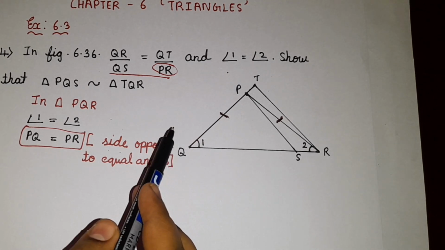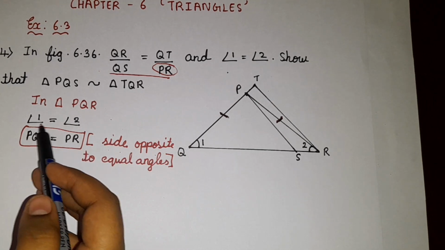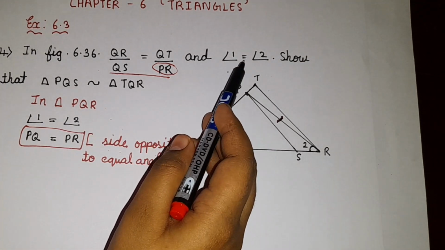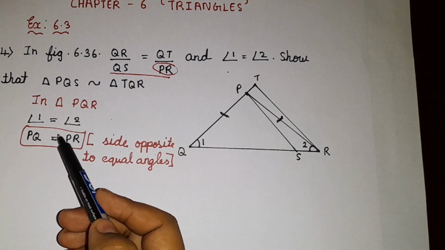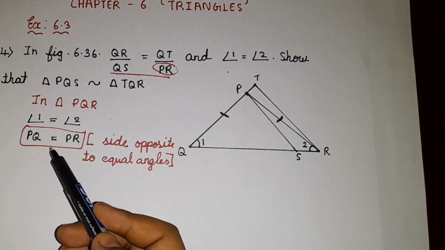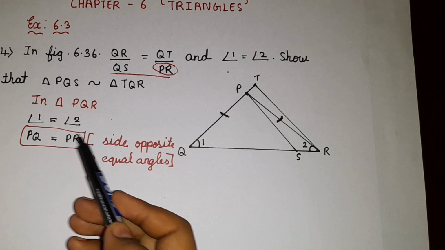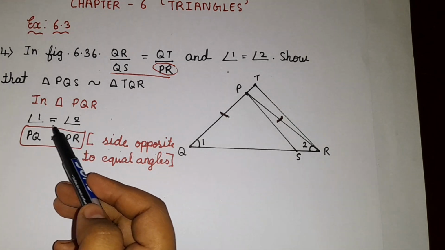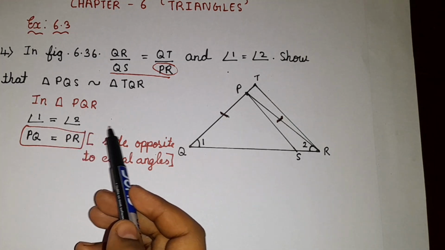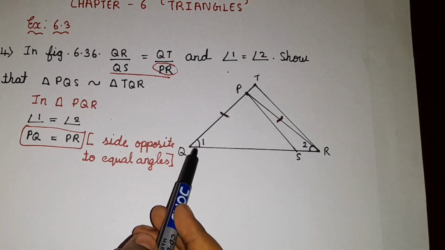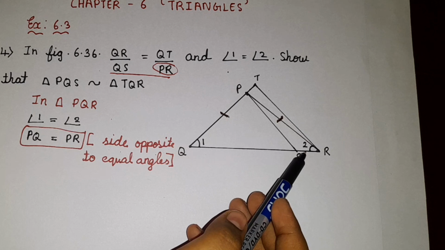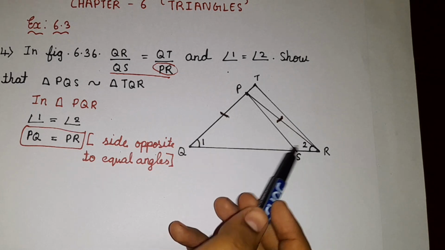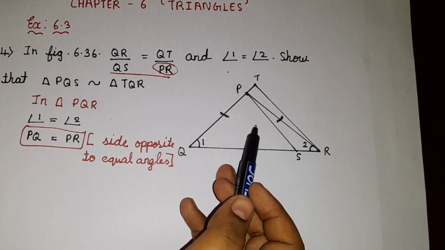Just because we had that confusion, in the question itself they mentioned angle 1 is equal to angle 2. So if they had mentioned it, then there is a reason why they mentioned it, am I right? So when I wrote angle 1 is equal to angle 2 and checked it in the triangle, here is angle 1 and here is angle 2. Since the angles are equal, even the sides are equal, am I right?